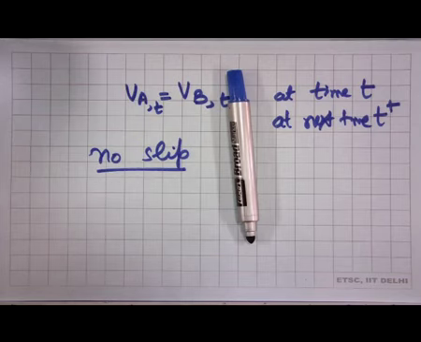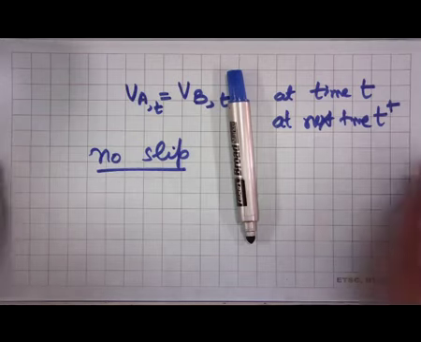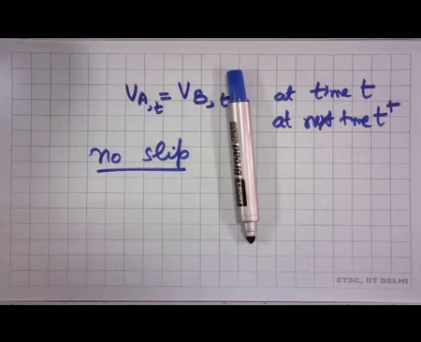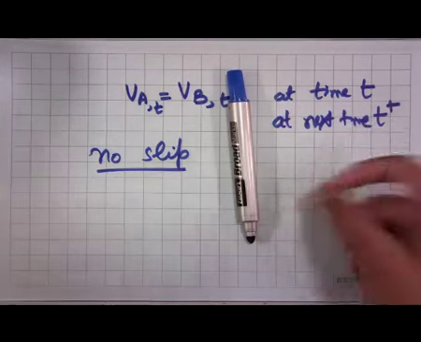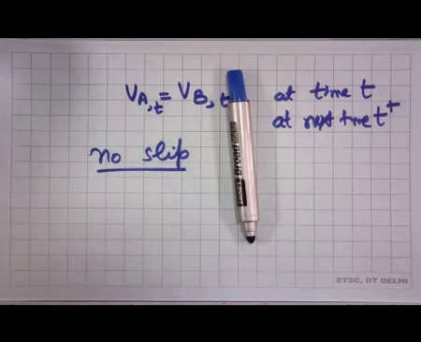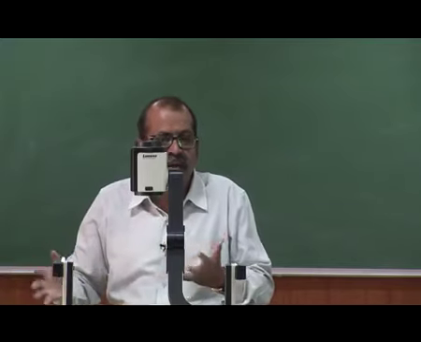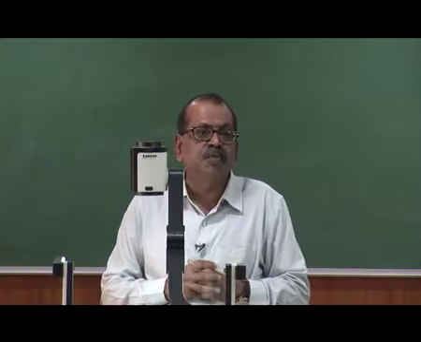Now, if this whole table is moving with some other speed, but these two are not slipping with respect to each other, then once again V A will be equal to V B, but both of them will not be equal to 0, they will be equal to the velocity of the table, but still it is a condition of no slip.